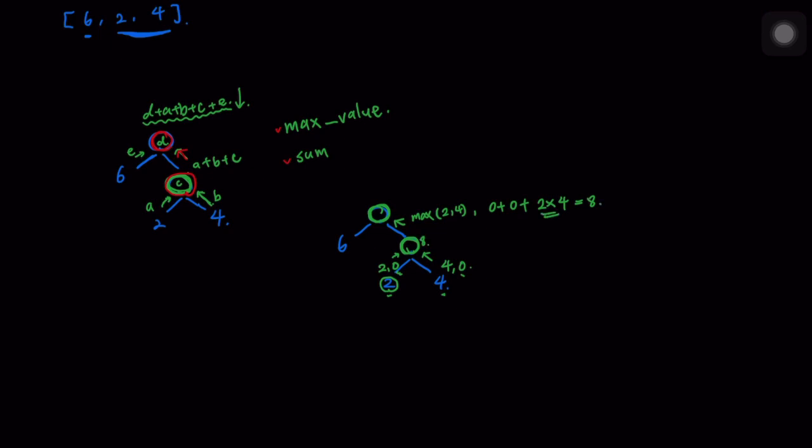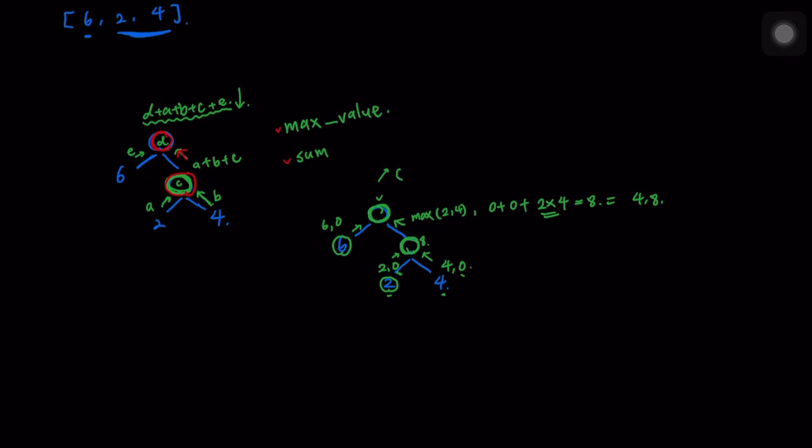So for the left subtree of the root node, we will return the maximum value 6 and the sum is 0. For the root node, if it has a parent, what would we like to return?